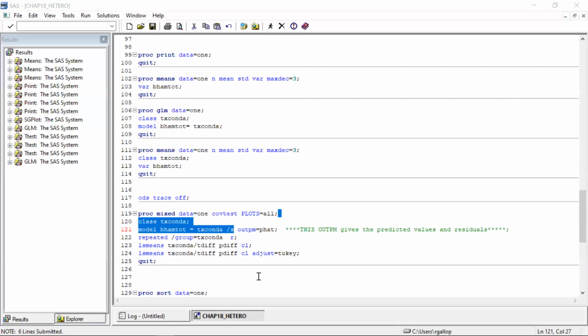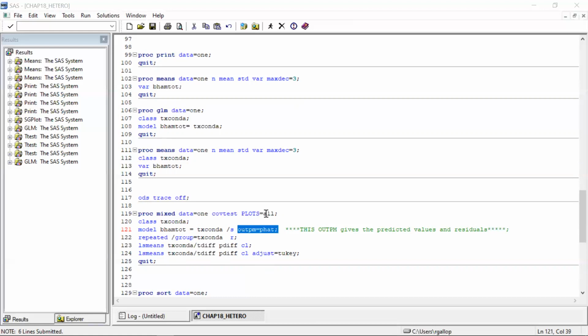The one thing different from GLM compared to proc mixed: instead of solution, S will give us the regression coefficients. Instead of the output line to get the residuals and predicted values, this outpm in the model statement will give us the predicted values and the residuals from the model.